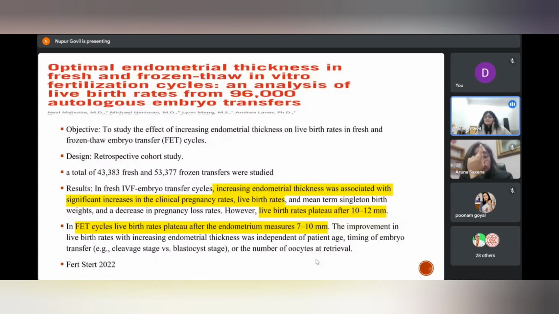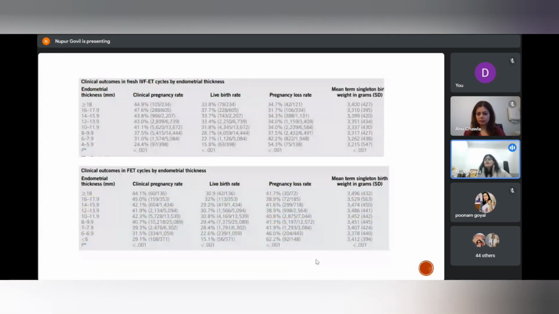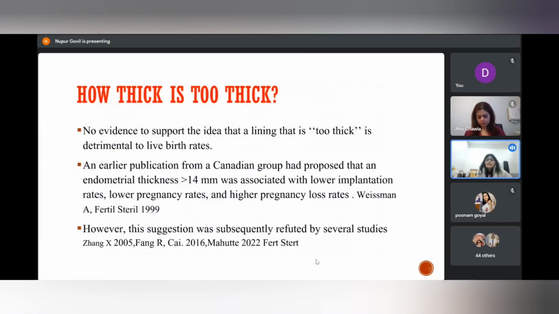So this highlighted the fact that endometrial thickness alone is not responsible for pregnancy. There are other factors which also play a role in deciding the receptivity and the pregnancy of the patient. So this was their data, and they also concluded that there is no cutoff for endometrial thickness.